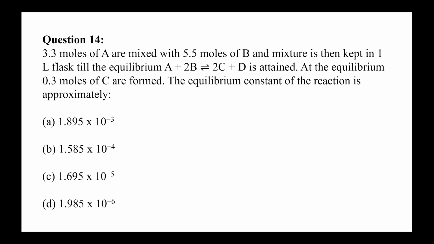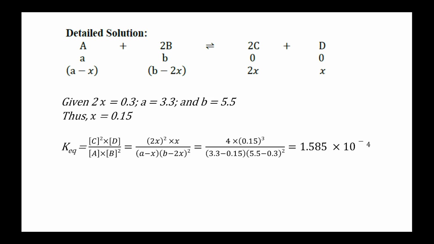So option B, 1.585 into 10 raised to the power minus 4, is the correct answer. So this is how we solve such questions. Your initial concentrations of the reactants are given. The initial concentration of the products will be 0. Let's say at equilibrium, x moles of A is consumed.